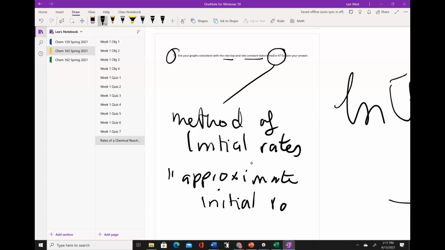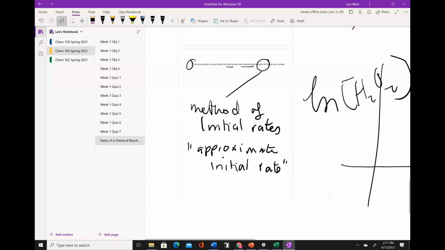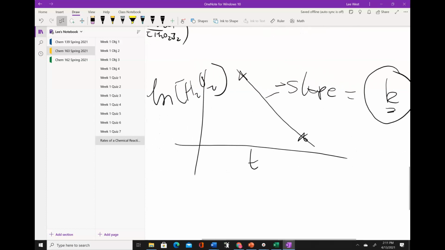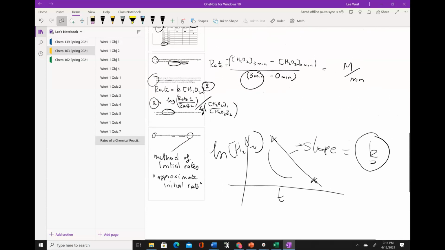So my guess would be, and I'm not going to do the whole lab for you because I'm already almost 40 minutes into this video, that these 2 rate constants, the one that we determined using the integrated rate law and the one that we determined using method of initial rates, are going to be close, but not the same, right? That's what I would expect. Now, this is assuming, of course, that it really is first order. If you get a curve when you do the log against time, then you know that it is not first order. It must be either 0 or second order.